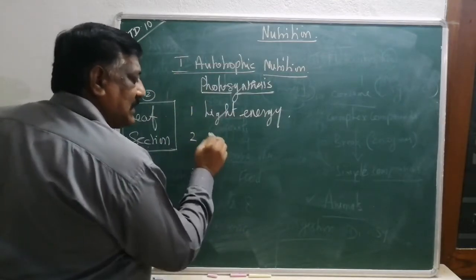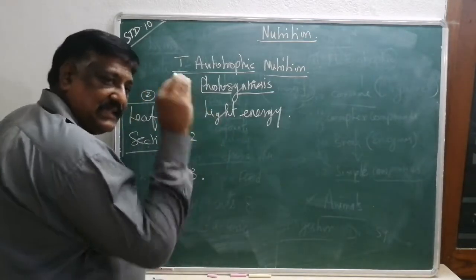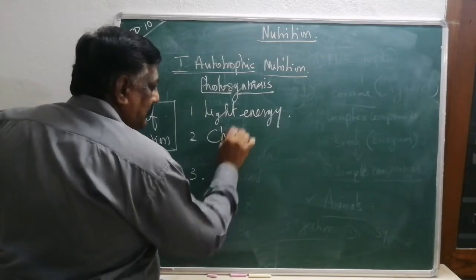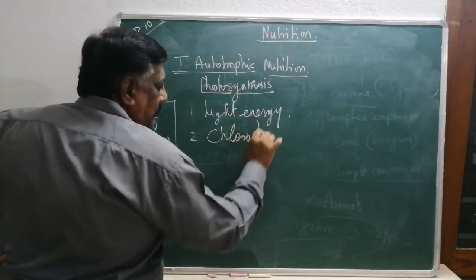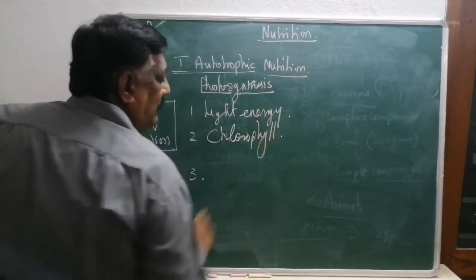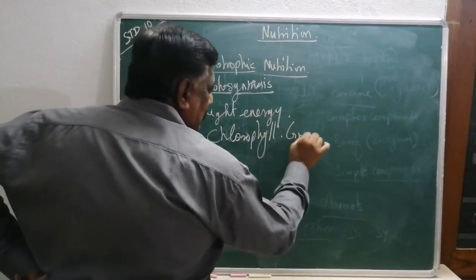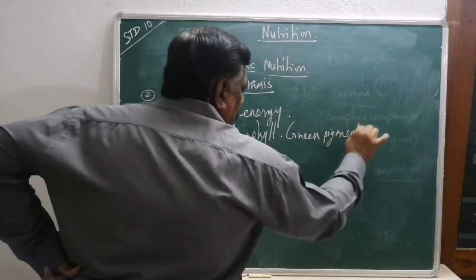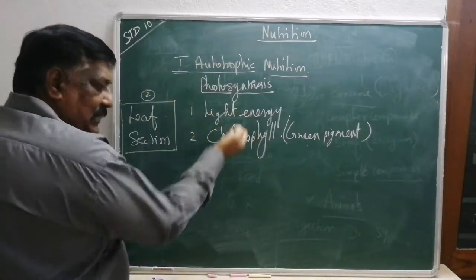This light energy is trapped by some pigment which is present in the leaf, which is called chlorophyll. It's a green pigment which actually traps the light.